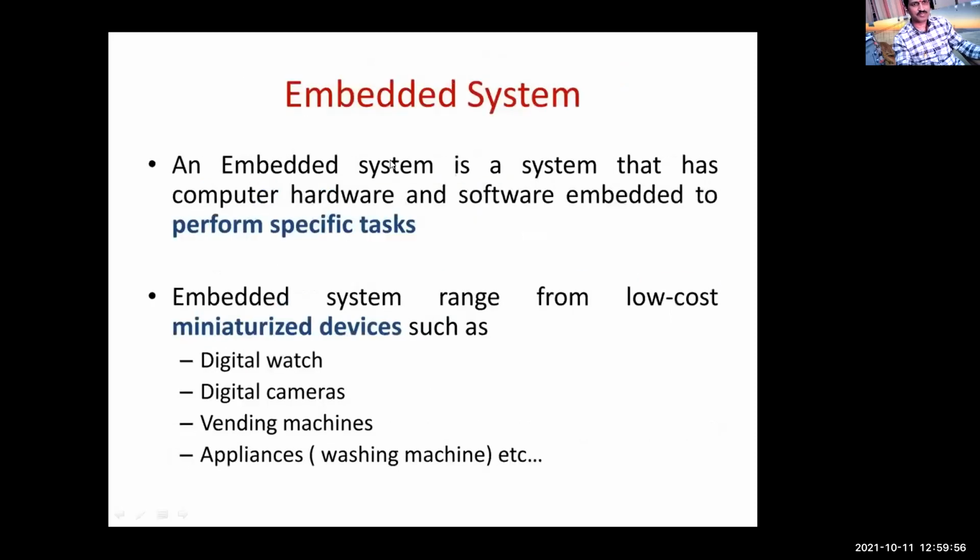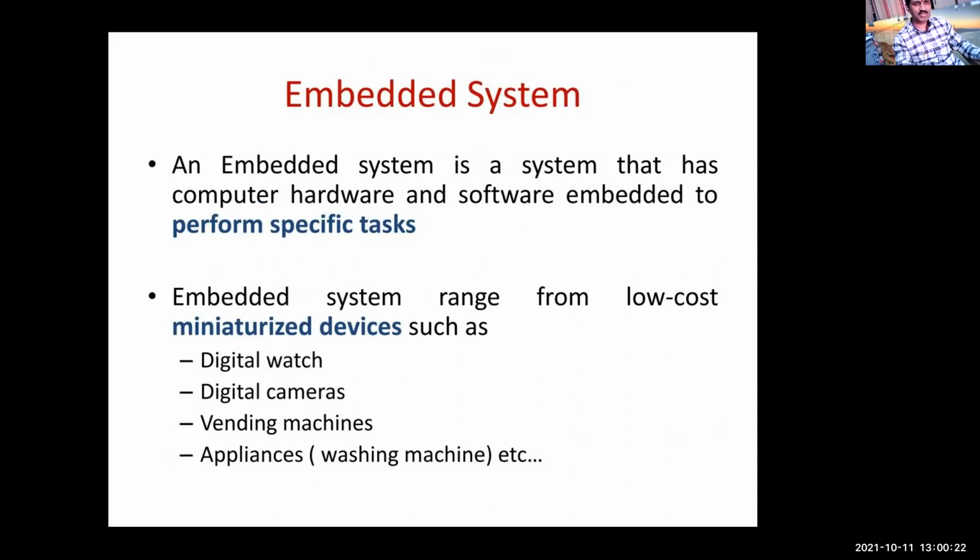The embedded system is a combination of software as well as hardware. It performs a specific operation. An embedded system is a system that has computer hardware as well as software embedded to perform a specific task. It is meant for a specific task; the processor is not general purpose.